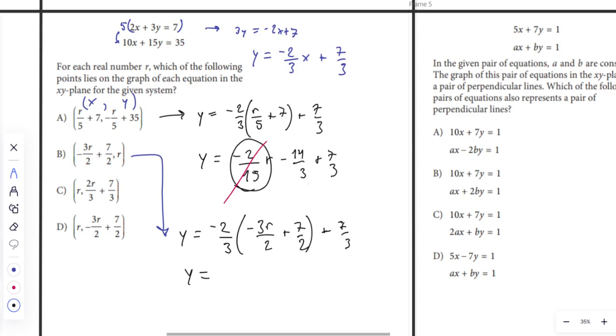That's y equals negative 2 thirds times negative 3r over 2, which is going to be just r. And negative 2 thirds times 7 halves is going to be minus 7 thirds. And then plus 7 thirds, those will cancel. And so we're left with y equals r. So if x equals this, y equals r, that's actually true. And so we've got our answer for this one right here.